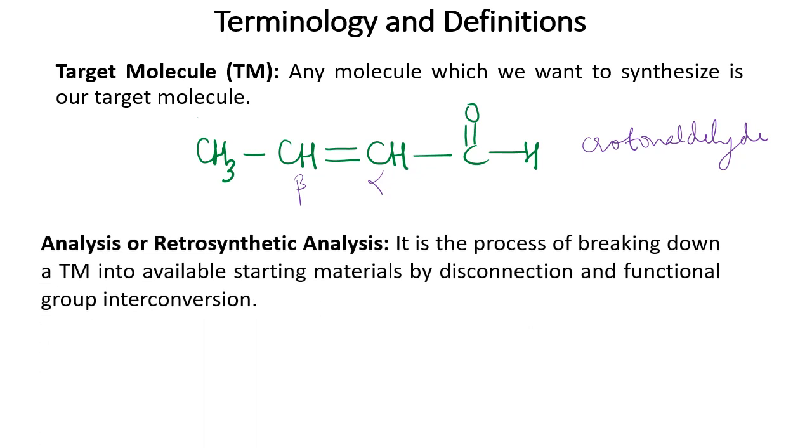Another definition for us is retrosynthetic analysis. It is the process of breaking down a target molecule into simple and available starting material by using two strategies. The first one is disconnection and the second one is functional group interconversion. And these strategies are used as per the structure of the molecule.